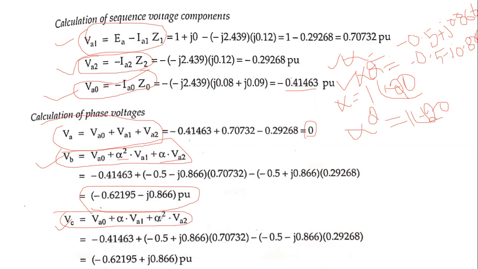And what is the value for alpha square? Alpha square is equal to minus 0.5 minus j 0.866. We substitute all these values in this equation and then we obtain the VC value. Understand?